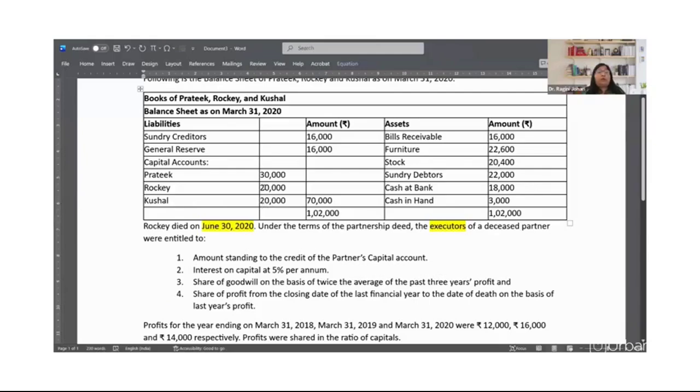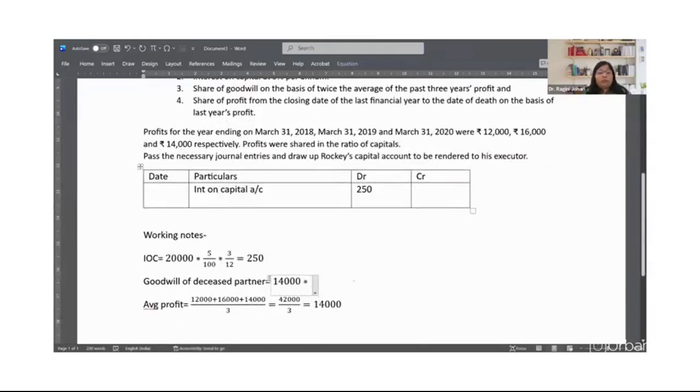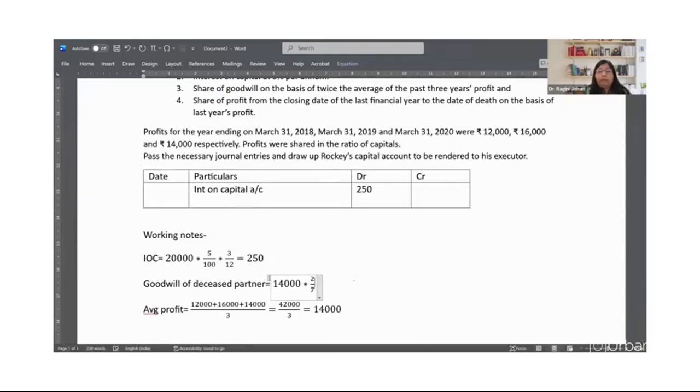His share becomes 2 upon 7. So this is 2 upon 7 multiplied by, for how much time period? That is April, May, and June, that is 3 upon 12. If we calculate this, how much do we get? This calculation is coming 1,000.